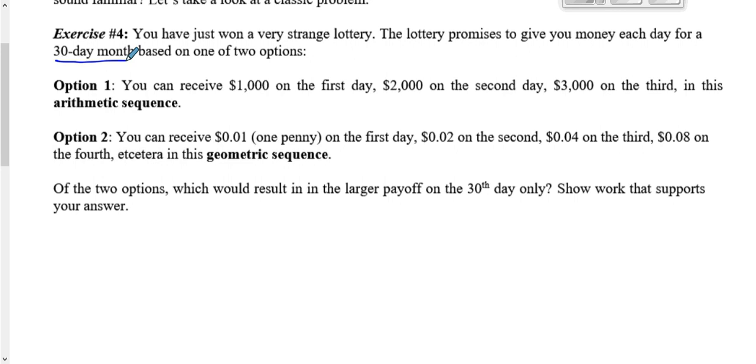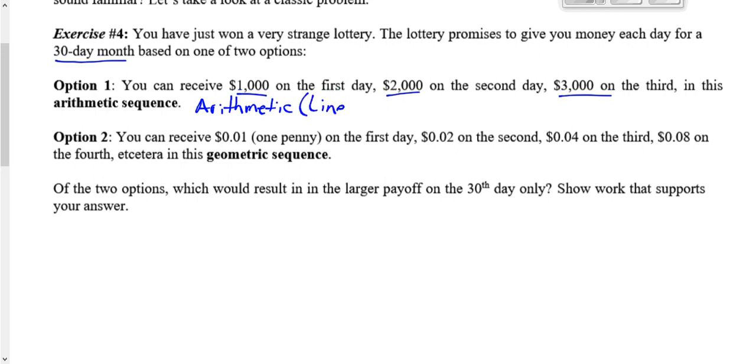Here's your first option. You can get $1,000 on the first day, $2,000 on the second day, $3,000 on the third. Get the idea? Is this going to be linear? Yeah, really it's arithmetic, which is linear.